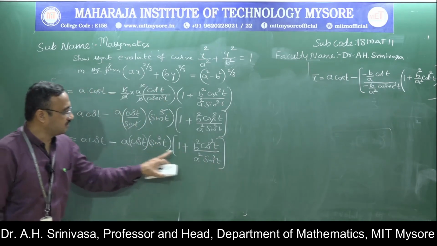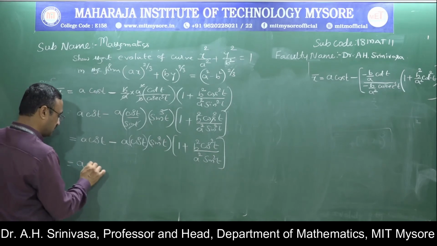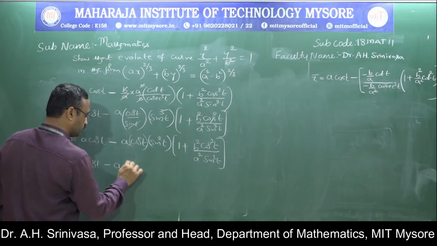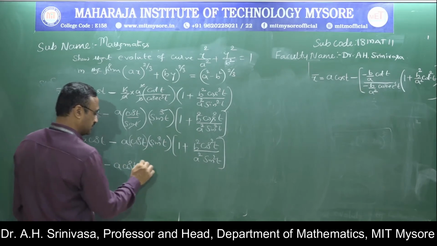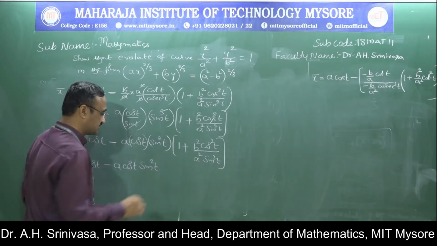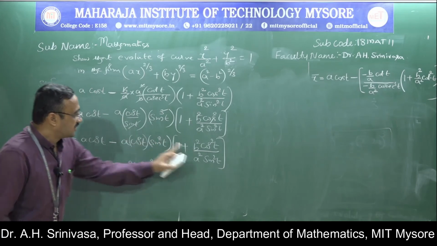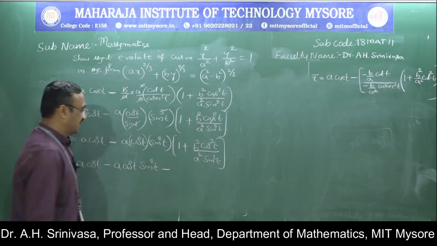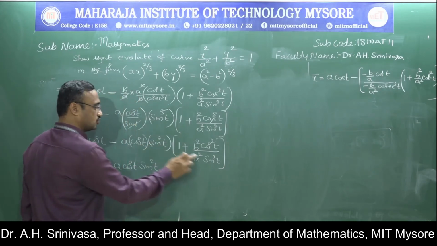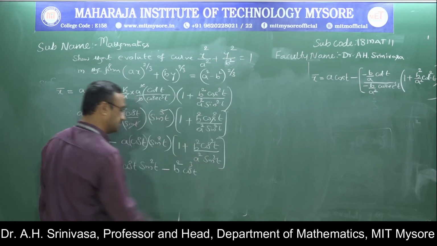Now multiply this term for these two. A cos t minus, you multiply it inside, this becomes a cos t into sin square t, then plus, minus, minus. If you multiply it, one of the a will be cancelled, b square and sin square both are cancelled, then we have cos cube t.